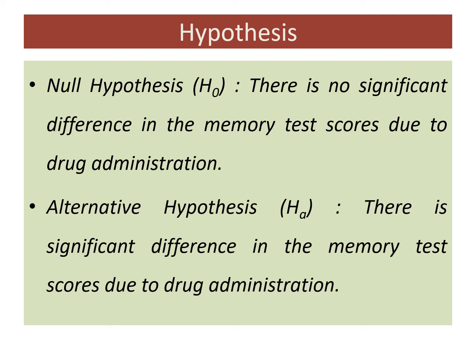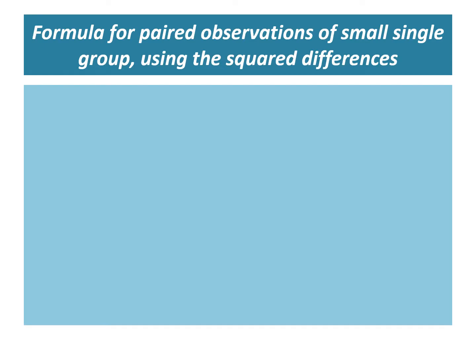You can write it as HA or H1: there is a significant difference in the memory test scores due to drug administration. It is always helpful for students to write the hypothesis in the manner mentioned in the problem, so use the problem as it is given. Now over here, I would like to write the formula for t-test.